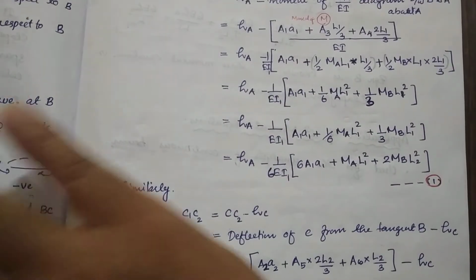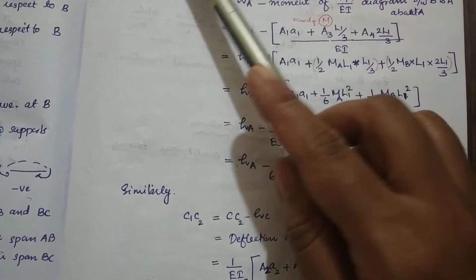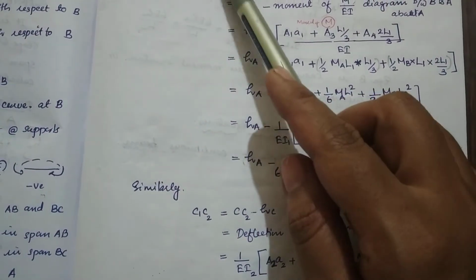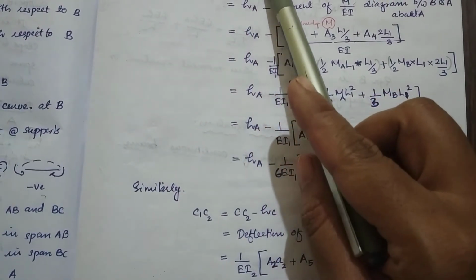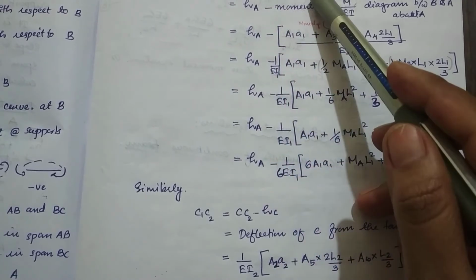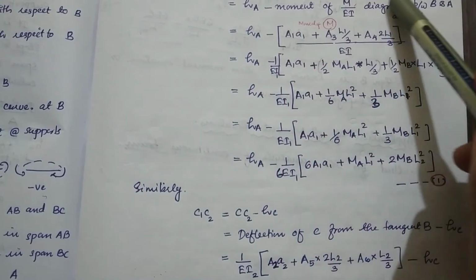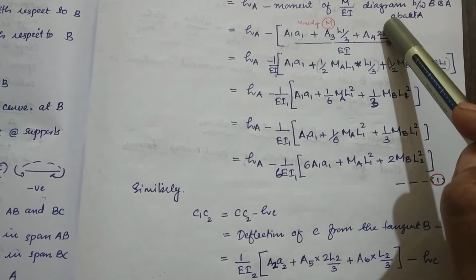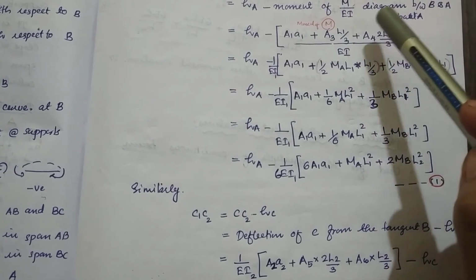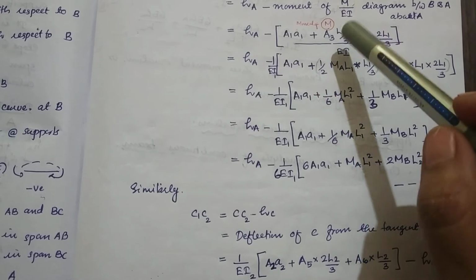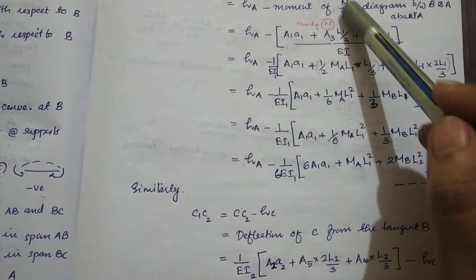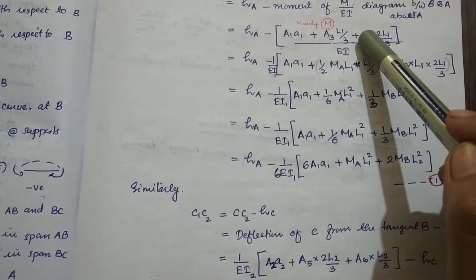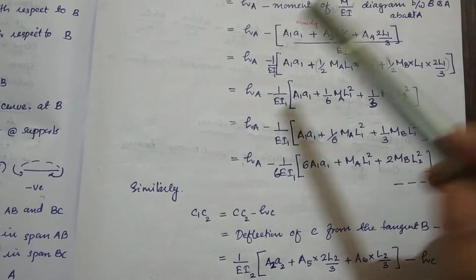From this expression we can write HA minus A1 dash A2 dash is equal to HA minus A2 dash. A2 dash is the deflection, and the deflection we can find using the moment of M by EI diagram. There are a lot of methods to find the deflection. In this derivation we use the moment of M by EI diagram, because we already have two moment diagrams.